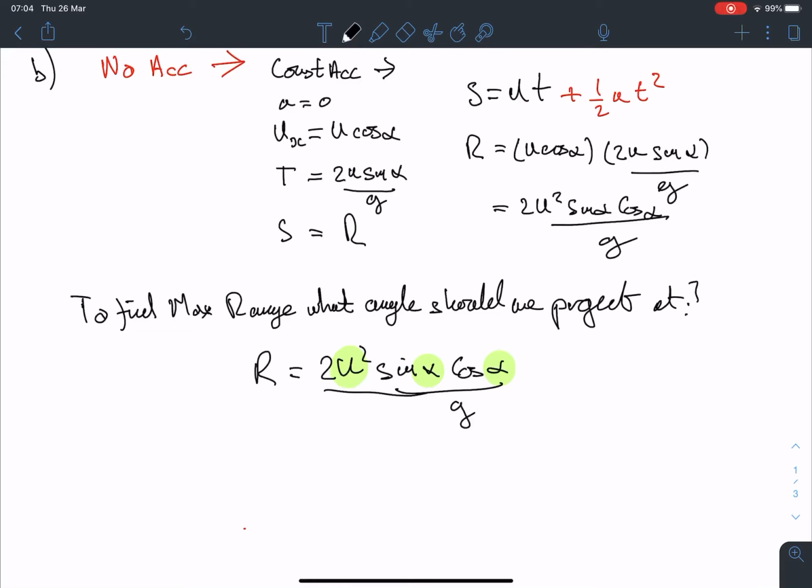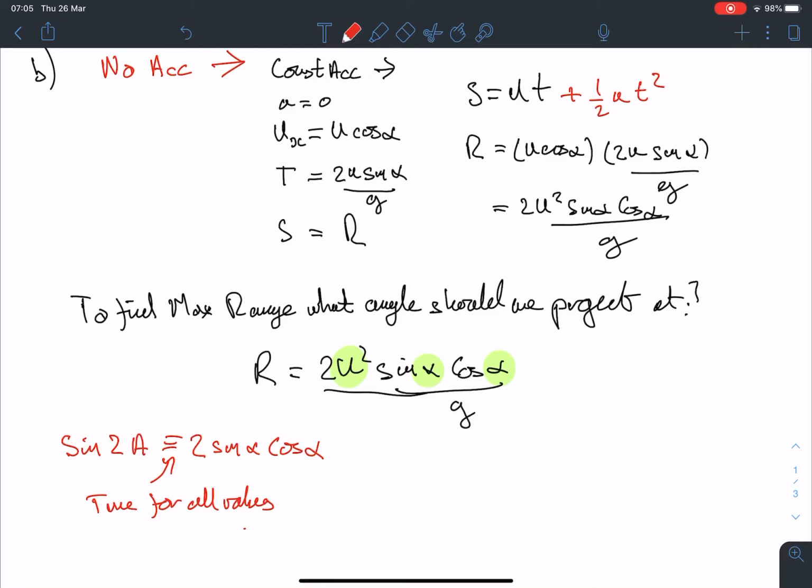Now for that, we need an extra little bit of knowledge, which we will prove to you later on. But sine of 2 alpha is identical to 2 sine alpha cos alpha. A little reminder on what an identity sign means, can anybody remember? It's true for all values.